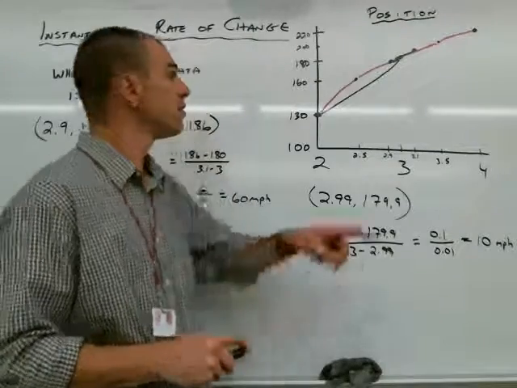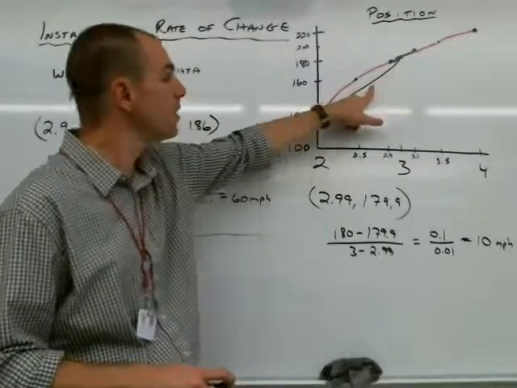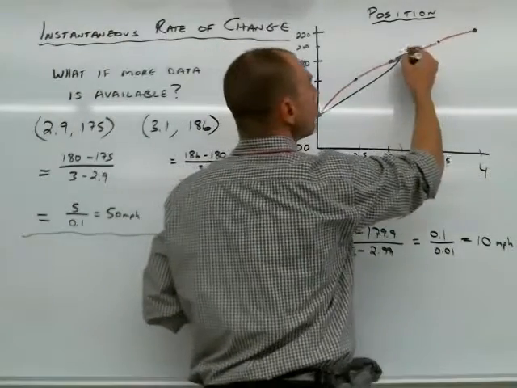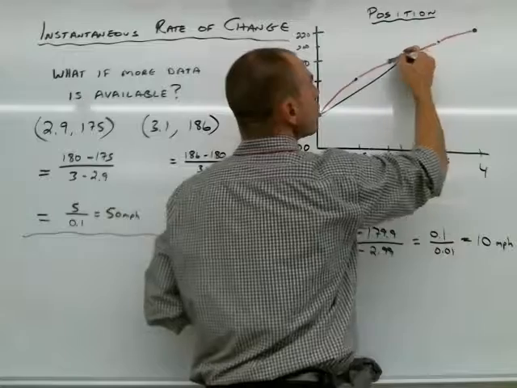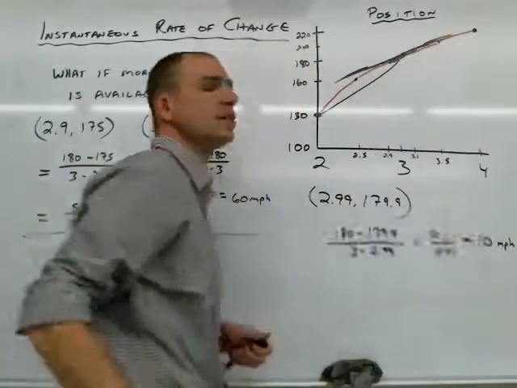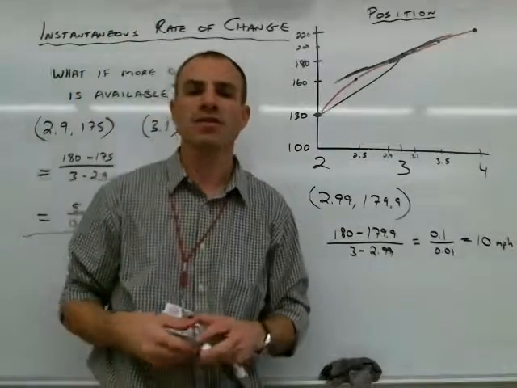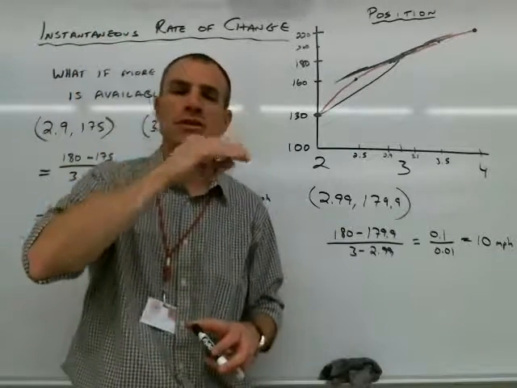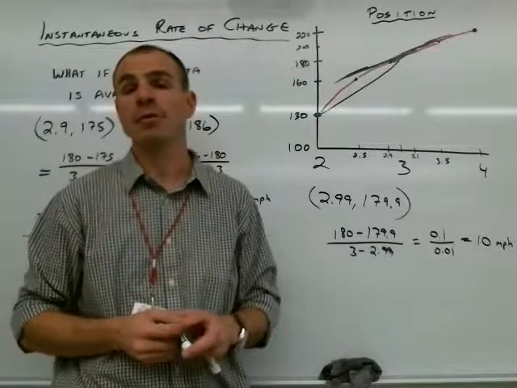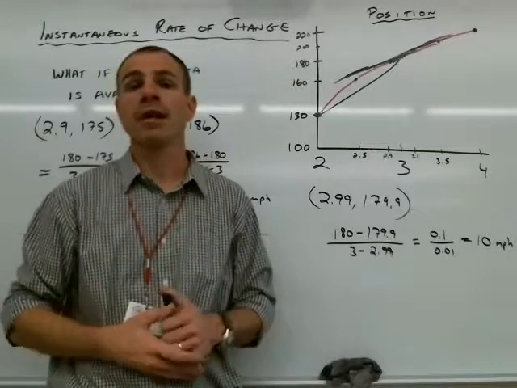We don't want to be far away and have a secant line which is not near a pink curve. We want to be really close right there. And if we're really close and we extend that line, we no longer have a secant line. What we have there is a line that just comes in and it touches the curve right at one instant and then it zooms off again. We have a term for that from geometry when you studied circles. We'll talk about that in a future video.